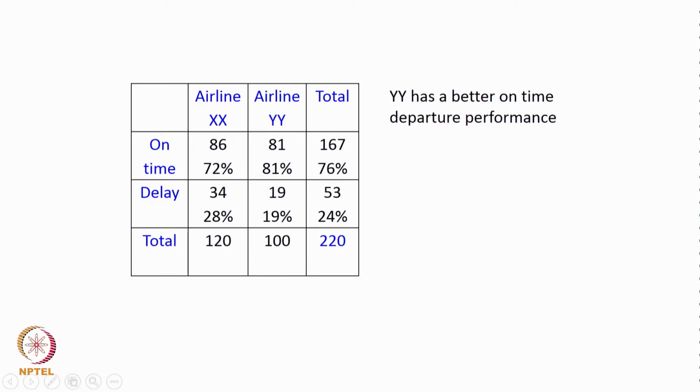Merely by going through this data, we realize that airline XX 72% of the times has departed on time, while airline YY 81% of the times has departed on time, and therefore, we might say at the moment that YY has a better on-time departure performance than airline XX.